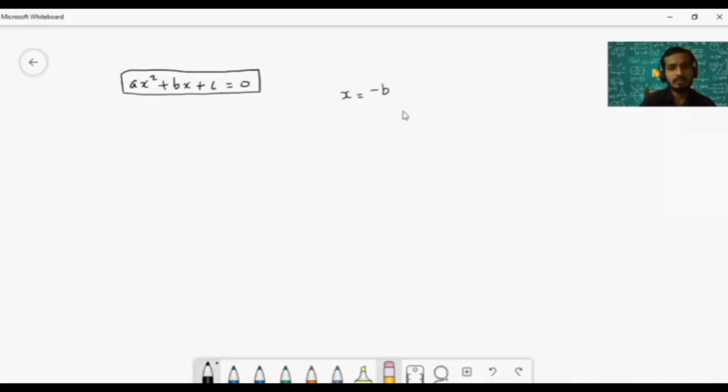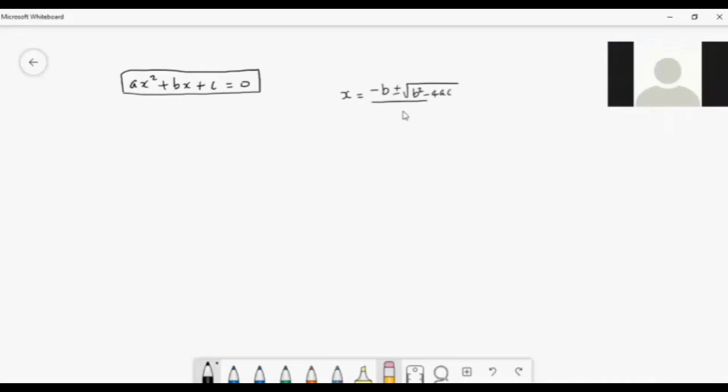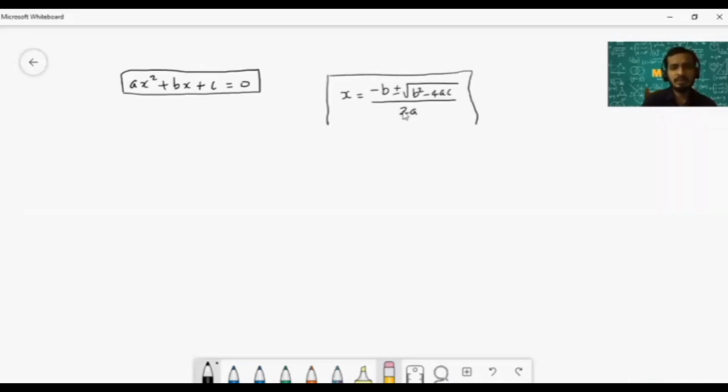Take the negative of the coefficient of x, plus or minus square root of b square minus 4ac, all divided by, this is a common mistake students make, this is all divided by, you want to include minus b also, by 2a. So this is the formula: x is equal to minus b plus or minus square root of b square minus 4ac by 2a. You want to memorize this formula.